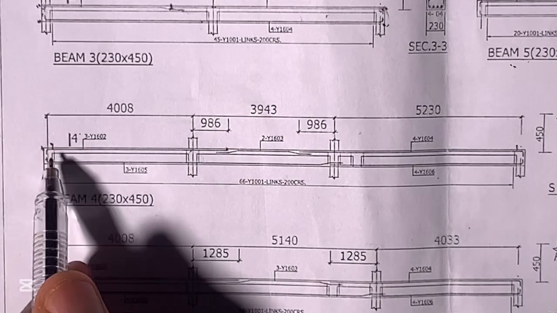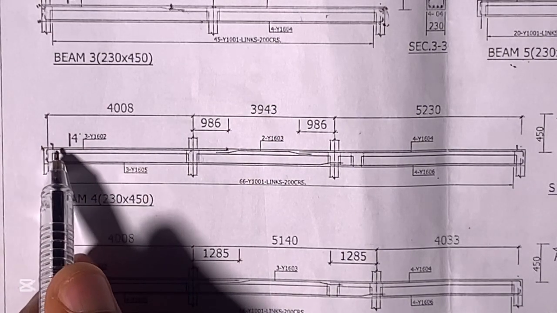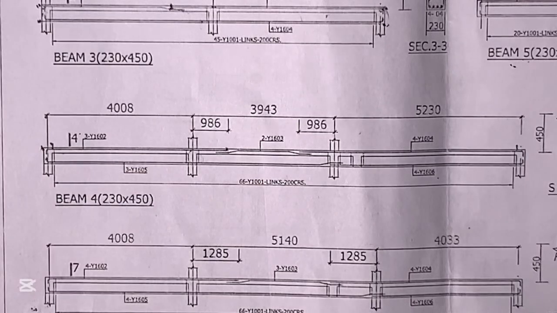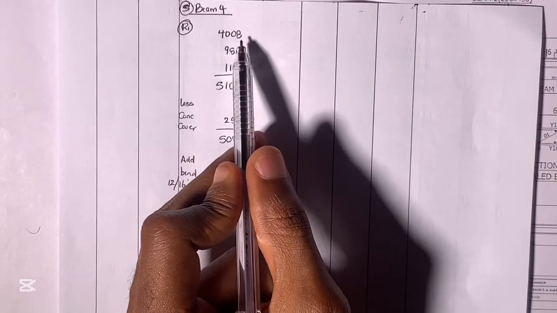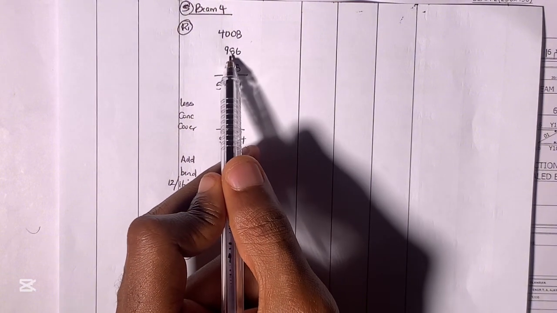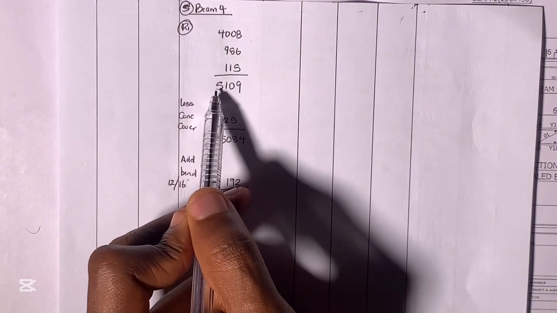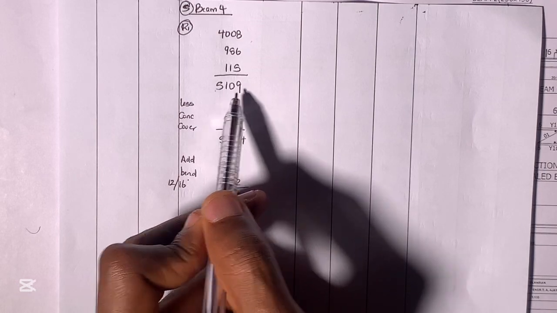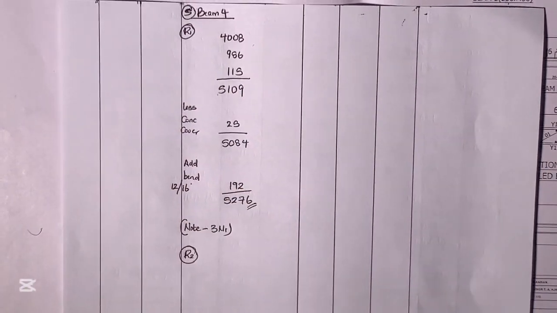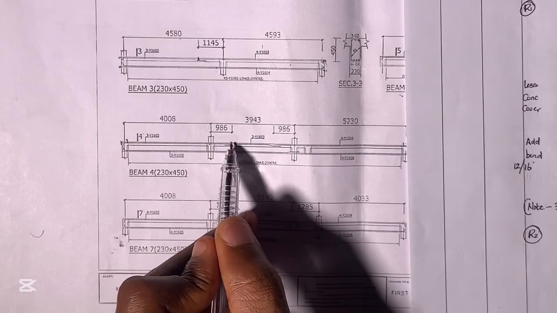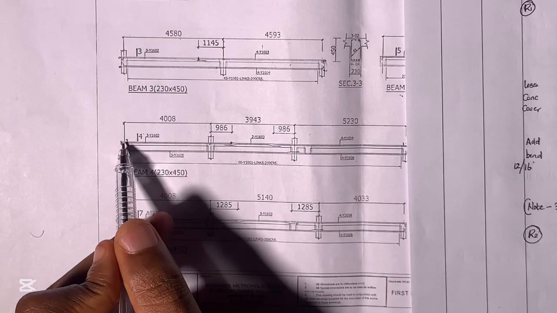Then we minus concrete cover, and then we add bend. I hope that makes sense. So for beam 4, we add 4008, 986 and 115 together, and that gives us 5109. So the length of the beam from this point down to this end is 5109.